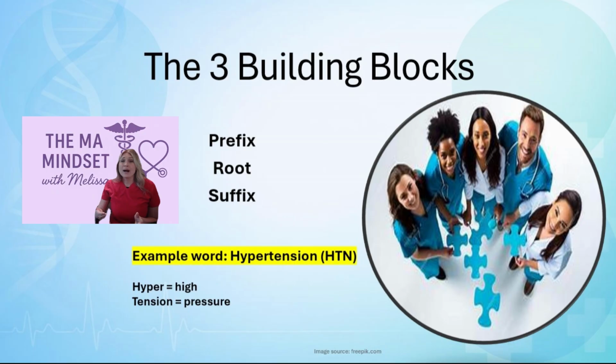So when we combine these parts, we can determine that hypertension literally means high pressure, specifically high blood pressure. This is one of the most common conditions you will see documented in healthcare settings, which is why understanding how to break down these words is so important to medical assistants.